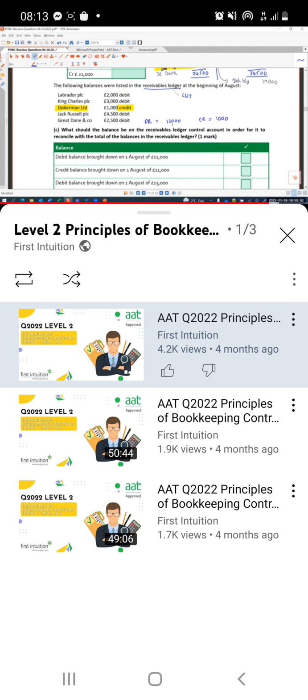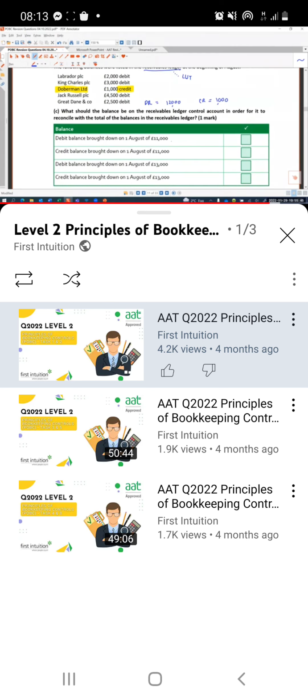So in total, I've actually only got 11,000 of debits because I've got to net off the 1,000 credits. So the balance on the receivables control account, in order for it to reconcile with that list, would need to say, overall, I'm looking at an 11,000 debit balance. And that would be the balance brought down on the 1st of August.